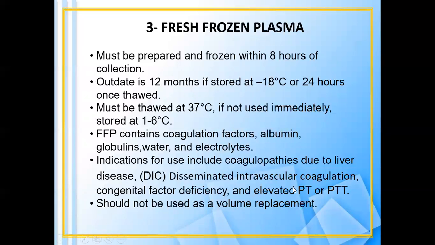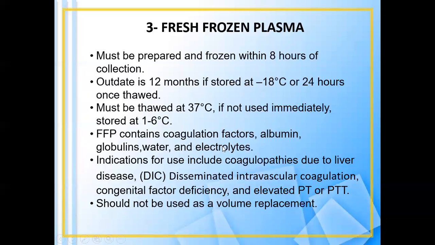Fresh frozen plasma has this name because it contains all coagulation factors. This is why we have to separate the plasma from the whole blood immediately after the blood donation, or within 8 hours. Why? Because we need to save all blood components except the cells.